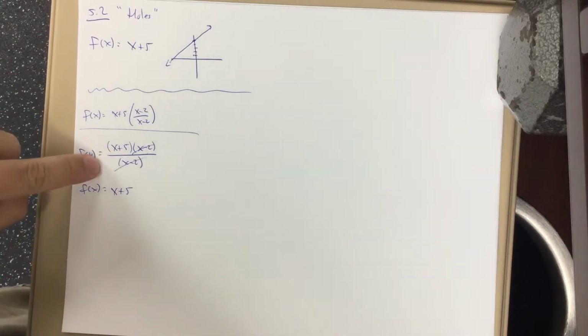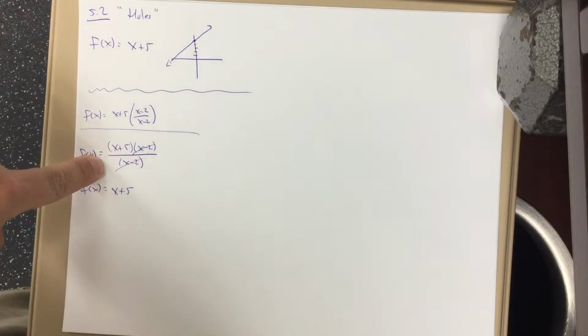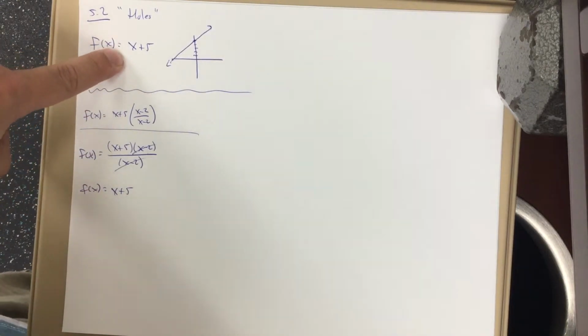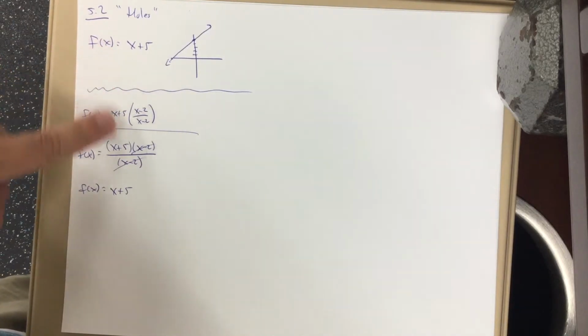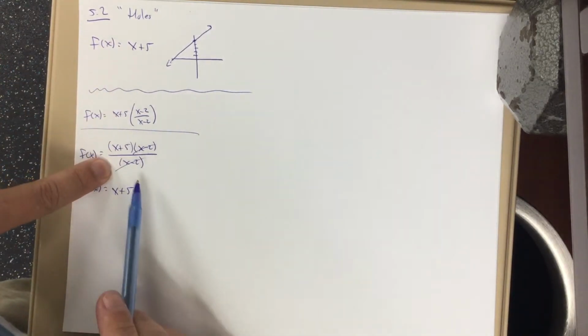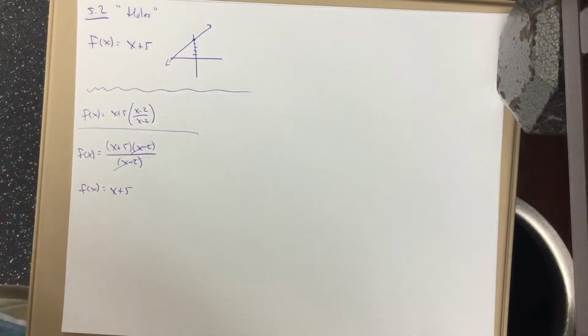In this one, we're not allowed to plug in x equals 2. We are allowed to put 2 in here. There are no limitations on us here. All real numbers is what we can use for the domain up here. But down here, because of this x minus 2 on the bottom, we have limited ourselves, and now we're not allowed to use x equals 2.